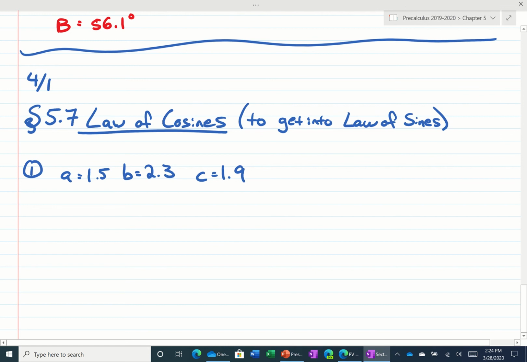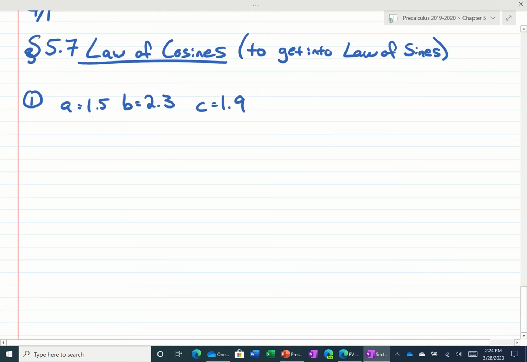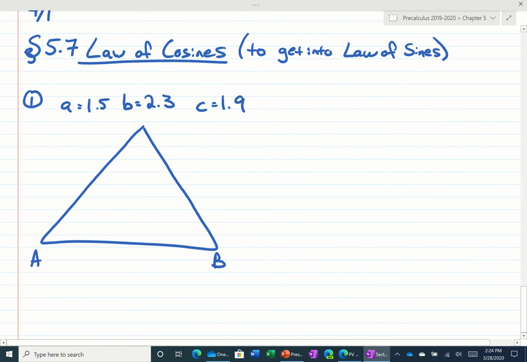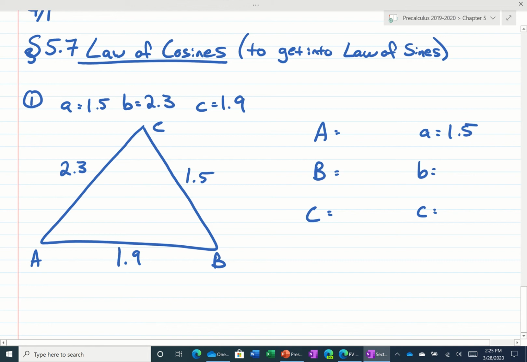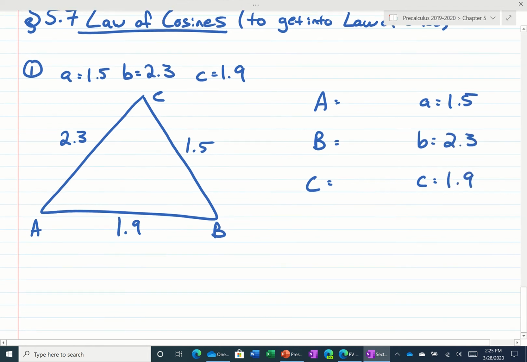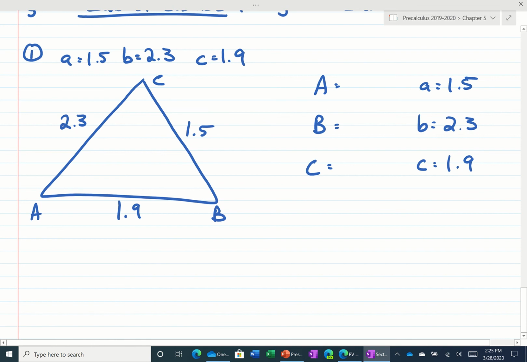We'll draw a triangle and then we'll find all the missing angles. And remember, the way that we want to do this is we always find the largest angle first.